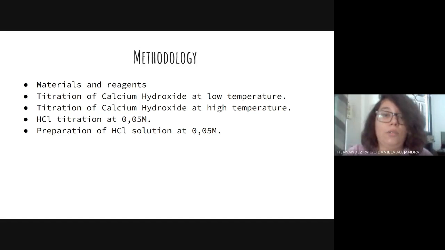So we add 5 milliliters of distilled water to a volumetric flask, and then we add 4.222 milliliters of commercial hydrochloric acid with a concentration of 36% and a density of 1.15 grams per milliliter. Finally, make the solution up to 1,000 milliliters.